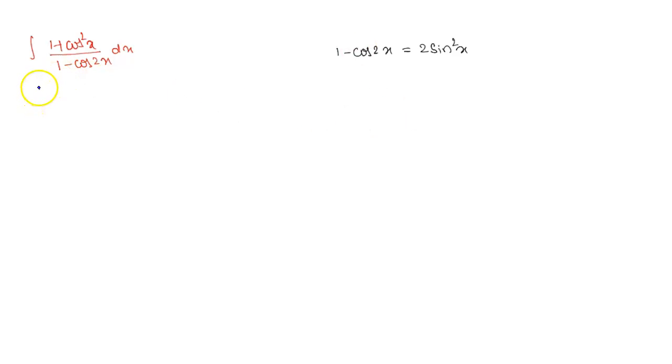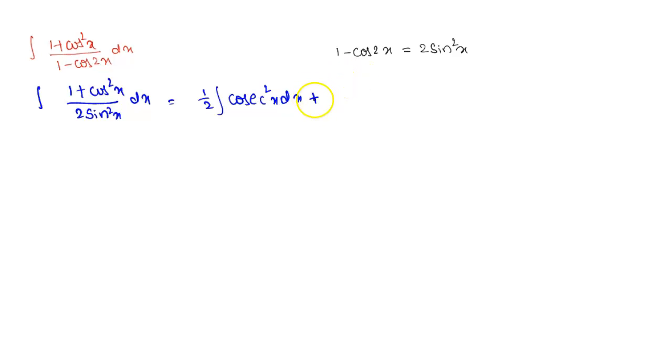Here I am replacing the denominator 1 minus cos 2x by 2 sin square x, and separating the function: 1 by 2 integral of 1 by sin square x, which can be written as cosecant square x dx.